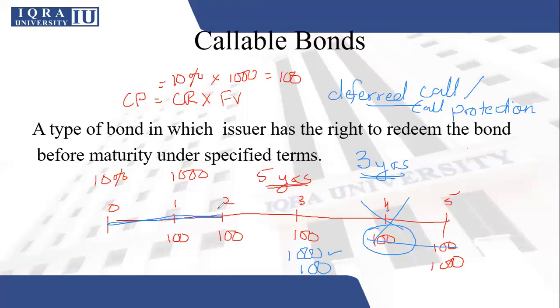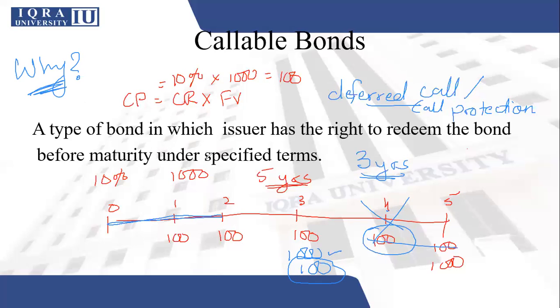Now, another question is why would a corporation do that? Why would a corporation first set a maturity and then decide that they want to change that maturity, even though they will have to pay a call premium on it as well? So, what do you consider would be the reason?